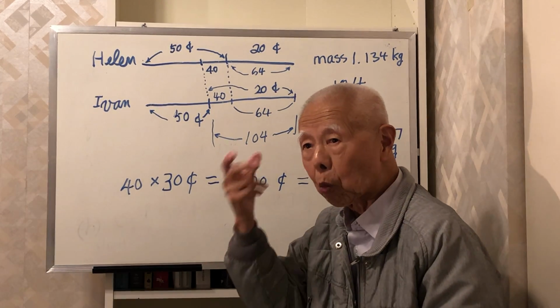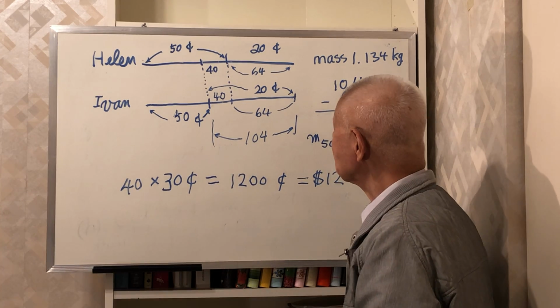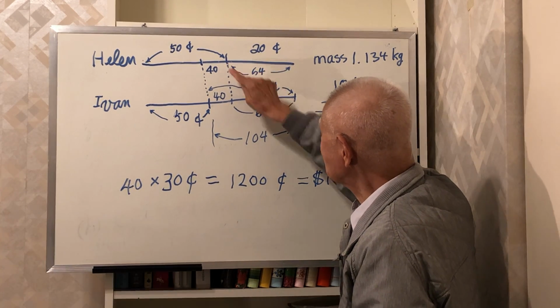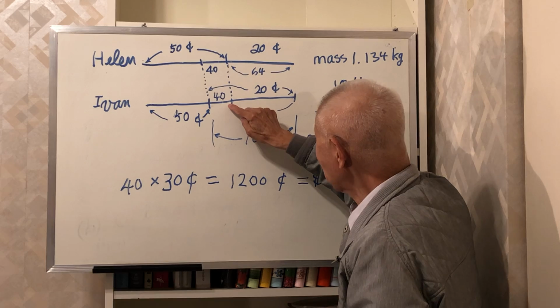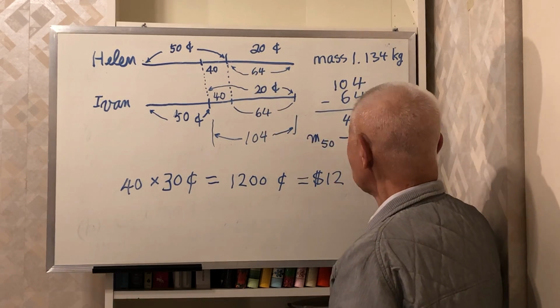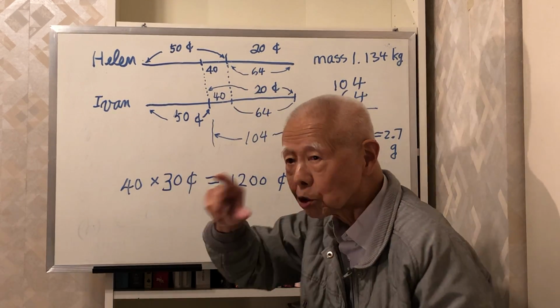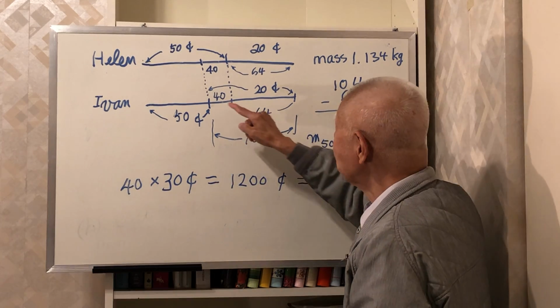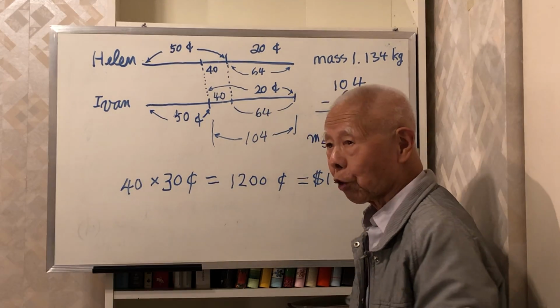This is to compare one coin. This is heavier. This is not so heavy. The difference is 2.7. But how many coins do you have? I have 40 coins. Therefore, what's the difference?